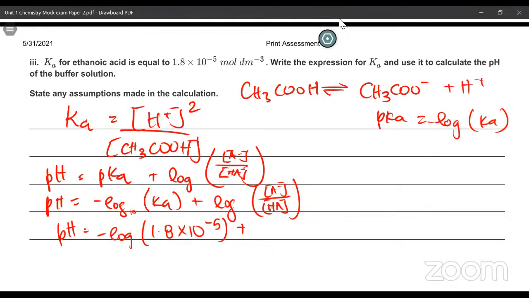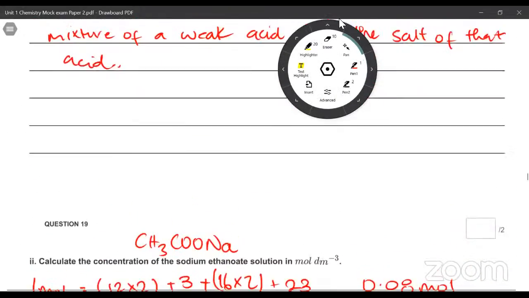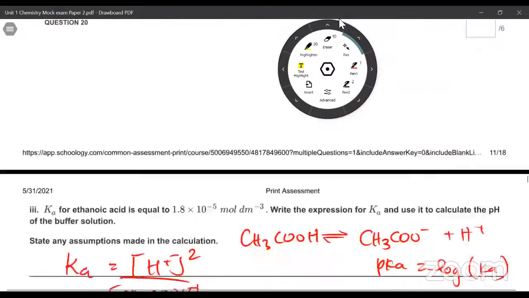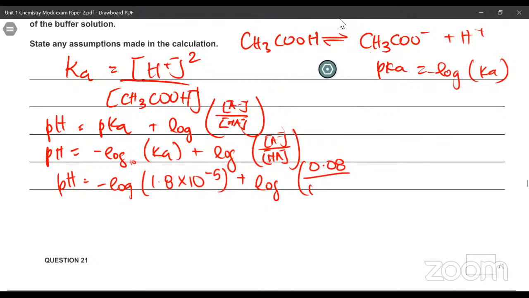And plus log of the concentration of the salt, which we worked out to be 0.08, over the concentration of the acid that they said earlier. I think it was 0.02, but I can go back and check. 0.02, yes.